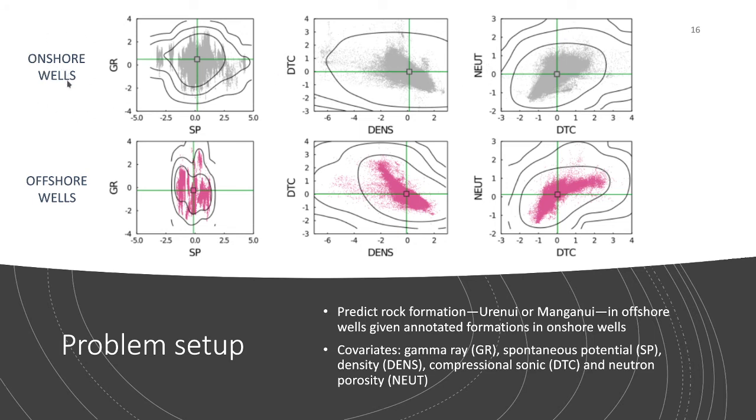Training the model in onshore wells and trying to make predictions in offshore wells, we see that these covariates shift. Our goal is to predict the rock formation, which is a classification problem with 2 possible classes, Urenui and Manganui types of formation.